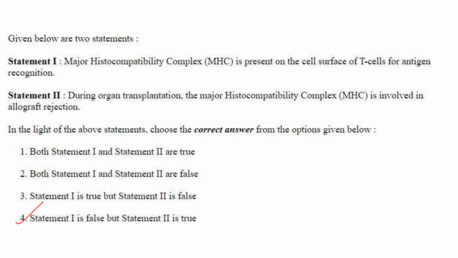So T cells, they do not have MHC being displayed on them. Then statement 2, during organ transplantation, the major histocompatibility complex is involved in allograft rejection. That is also correct. So statement 1 is false but statement 2 is true. So the answer is option 4.